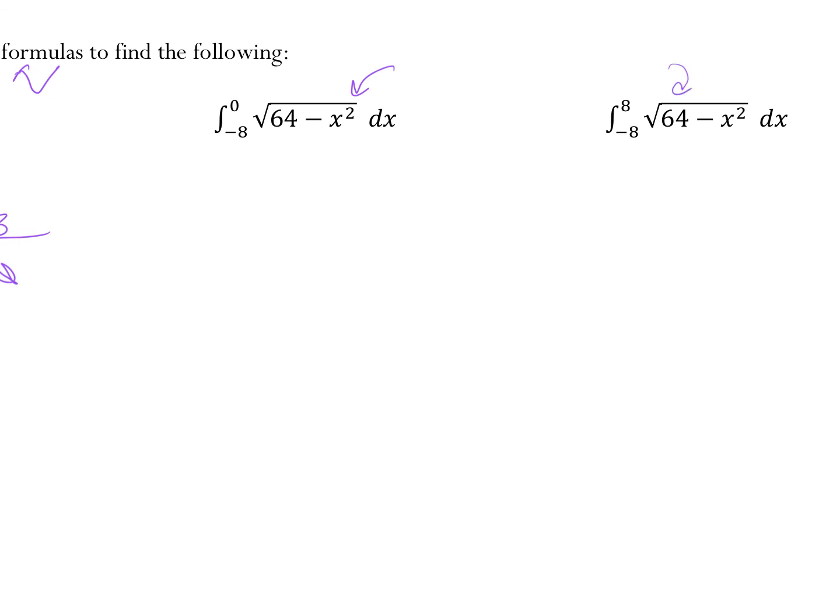So maybe we'll see. Guys, what kind of equation is the square root of 64 minus x squared? What do you think that's going to look like? First of all, what is x allowed to equal? Where is this function defined?